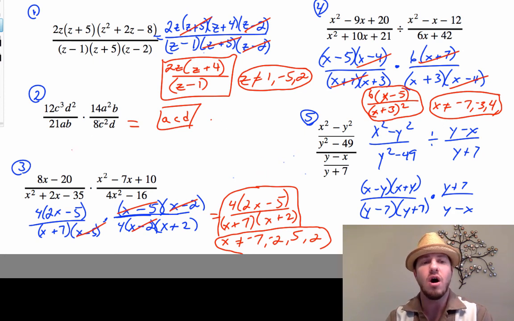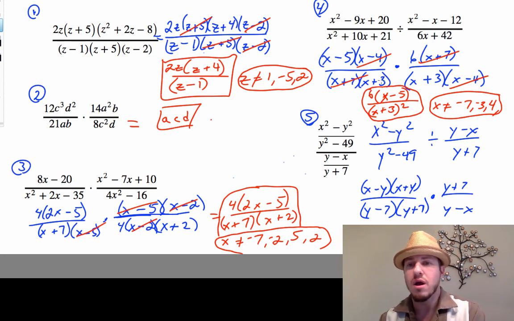This one, all the coefficients actually end up being the same when you multiply them together, so it equals a 1, and there's nothing left in the denominator, so it's all over 1. But when it's over 1 and the denominator all cancels out, then you don't need to really write it. For number 4, a lot of people will want to cancel out these x plus 3's.